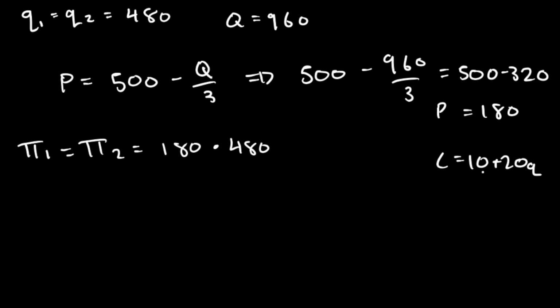When we subtract this, and plug in our value for Q, which is 480, we get minus 10 minus 20 multiplied by 480, which, if you've got a calculator handy, is going to give us profits of 76,790, which is the profits each firm receives.